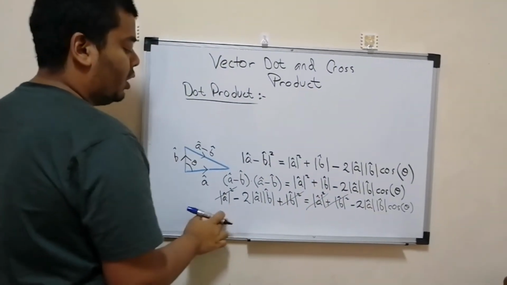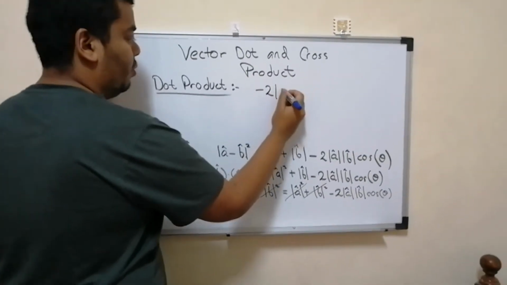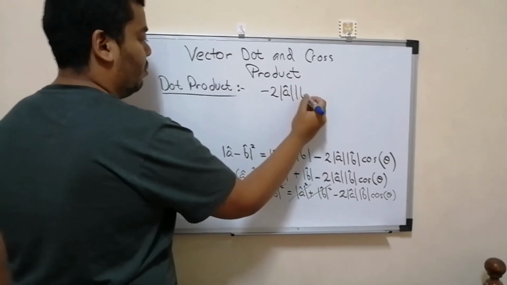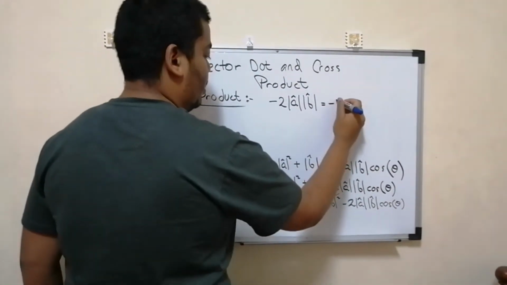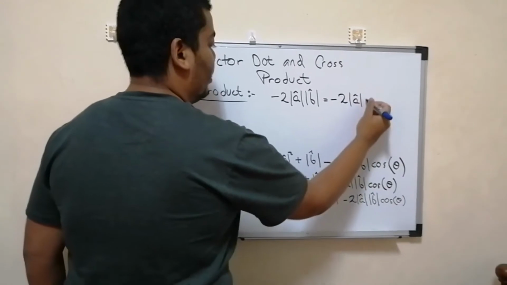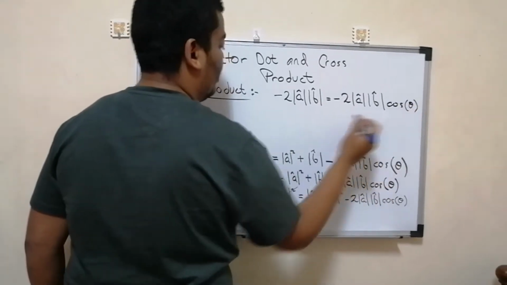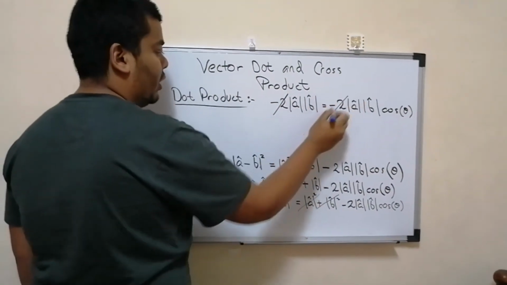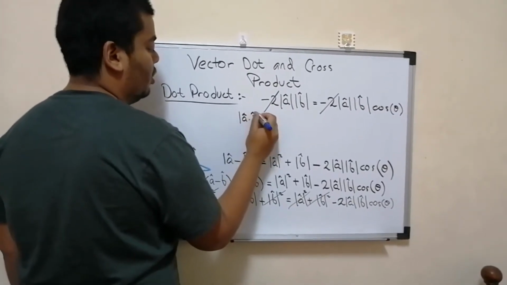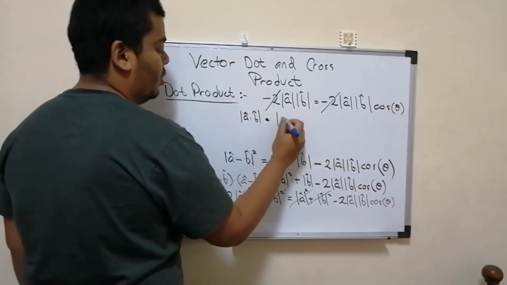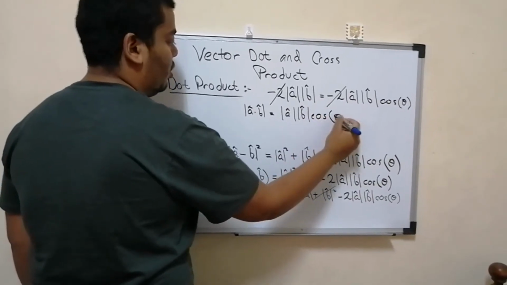I'll remove this part, and we can see that it will be minus 2 into magnitude of A into magnitude of B is equal to minus 2 into magnitude of A into magnitude of B cos of the angle between them, which is theta. Minus 2 and minus 2 can get cancelled. This, in other words, is the dot product is equal to magnitude of A into magnitude of B into cos of theta.